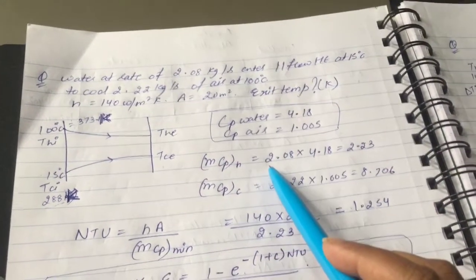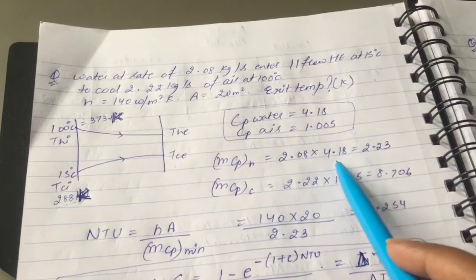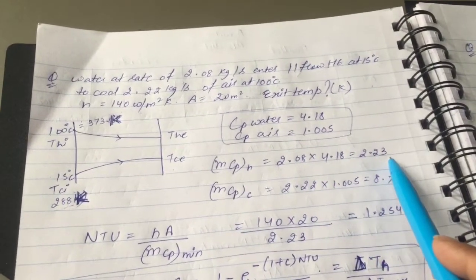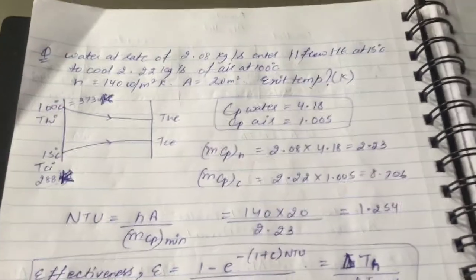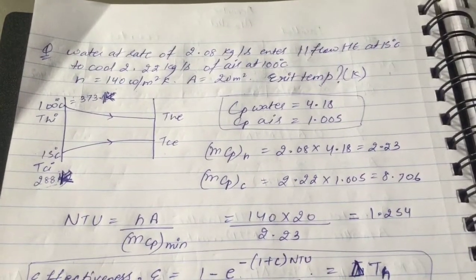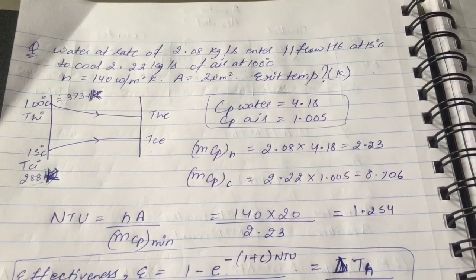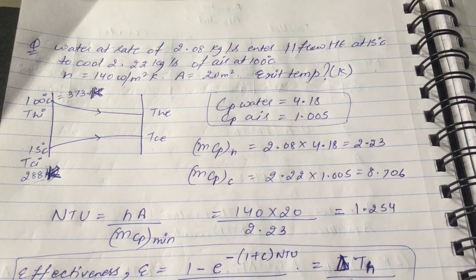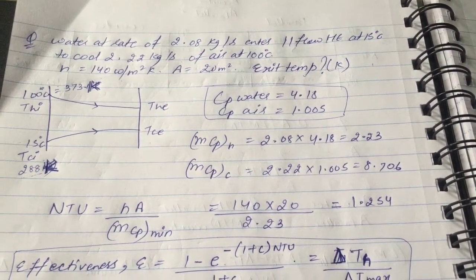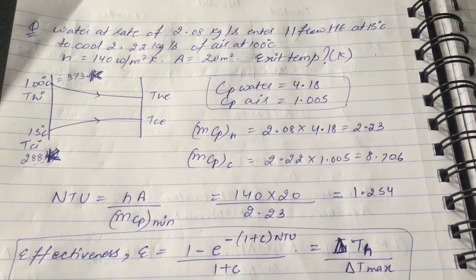M is given 2.08 into Cp 4.18, which comes out to be 8.706 for water, and for the other fluid M is given as 2.22 and Cp is 1.005, which for air comes out to be 2.23.